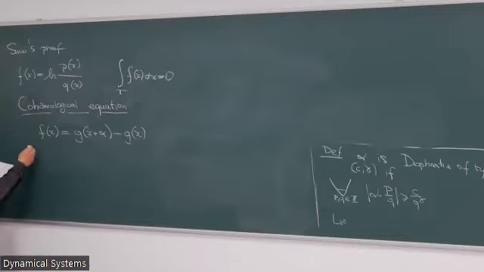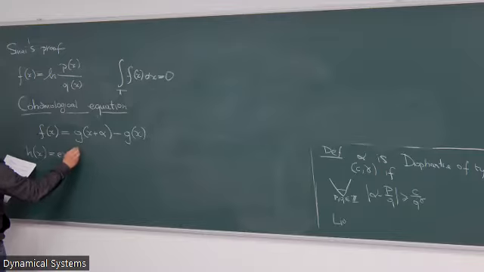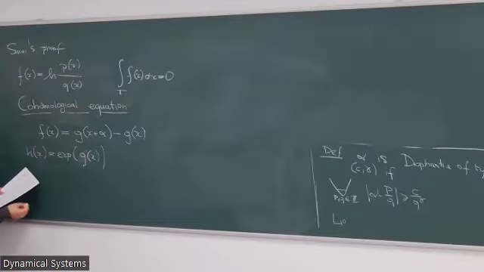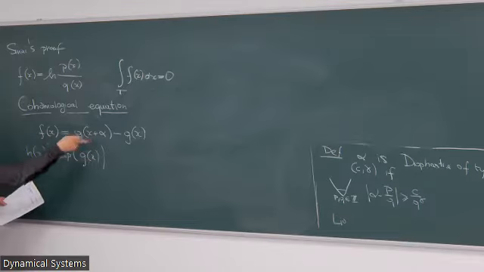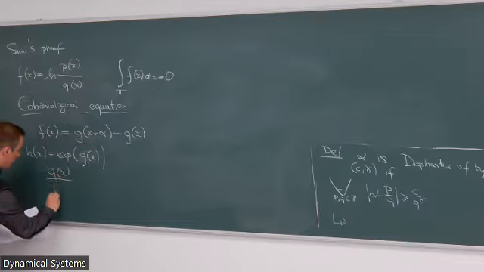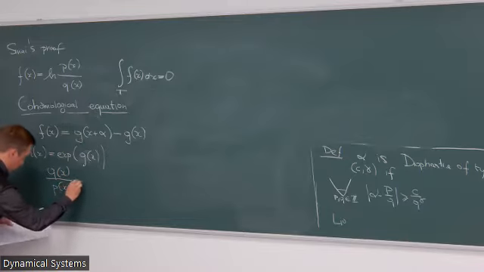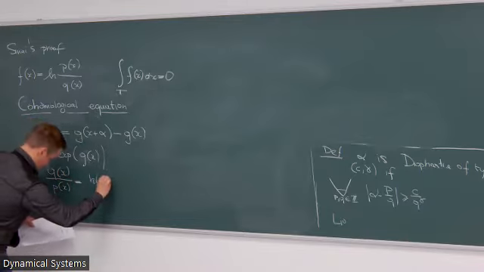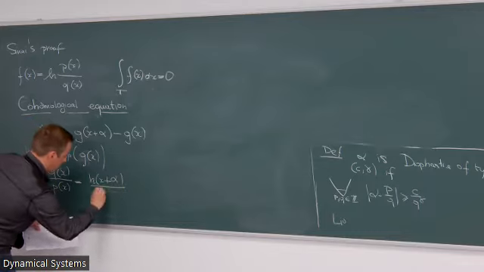So there exists a smooth solution. And in that case, we can define h of x to be the exponential of g, the solution. And this can be replaced as q of x equal to h of x, or something like this.